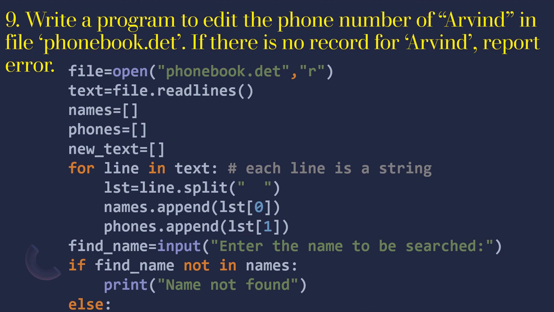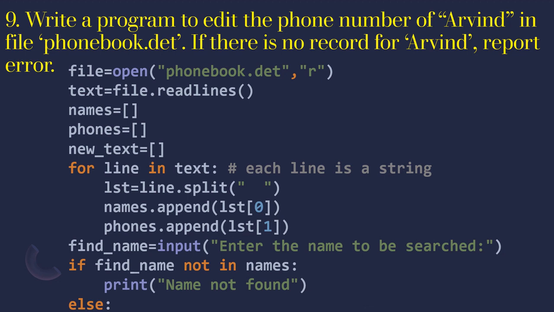Now by using the split function, we will split the string because there is a tab in between the name and phone number. So the line will be split according to the tab. Whatever is the first part of the string is stored in the list called names.